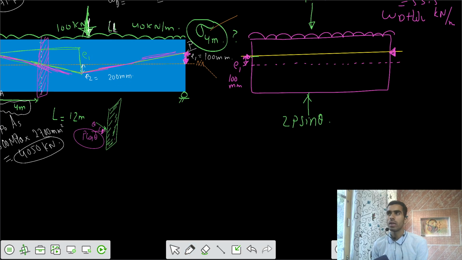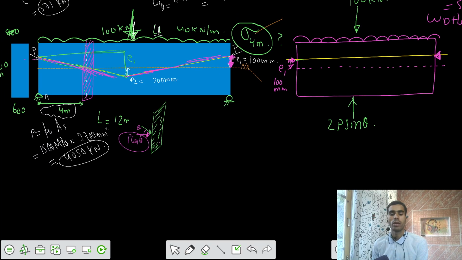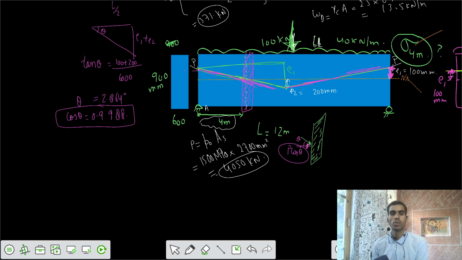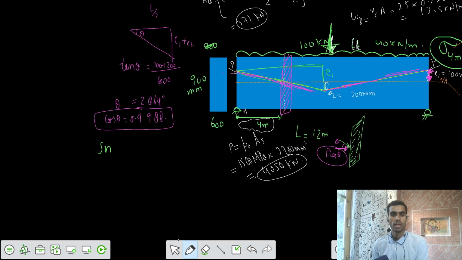We generally write that 2P sine theta is equal to 2P tan theta, but we can take the direct values of sine theta here. Let's solve sine theta now. Sine theta would be equal to 0.0500. And tan theta can be solved as 300 by 6000, so 3 by 60.